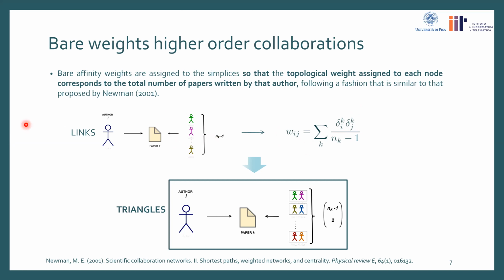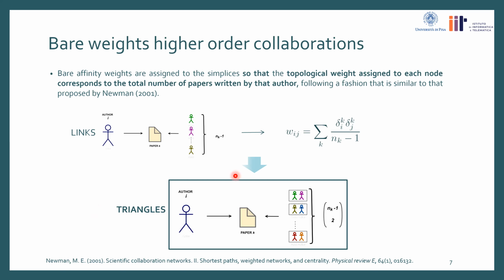What's important is that this weight assignment has a nice property. Namely, if you sum the edges that are incident to a vertex, an author, it gives you back the total number of papers written by that author, which is very nice. What about triangles?